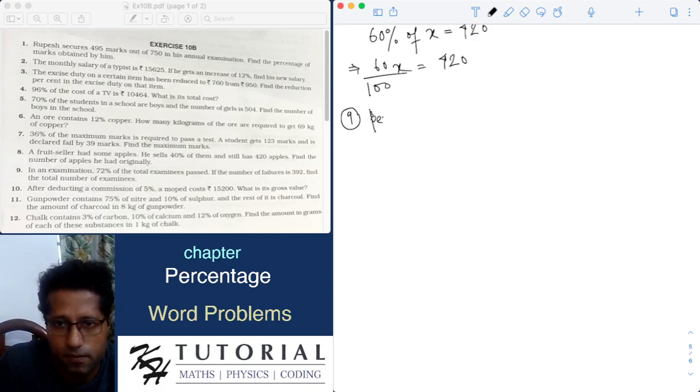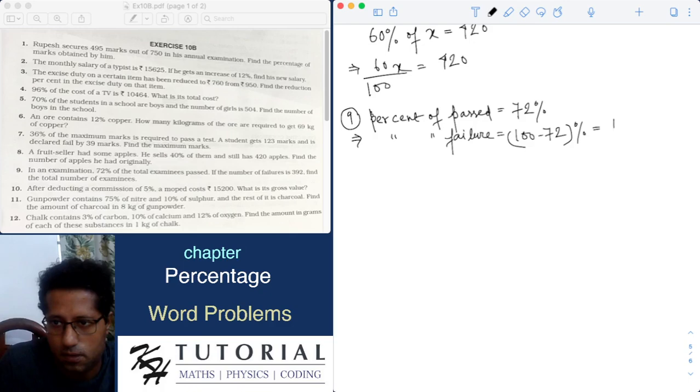It is given that the percent of passed is 72%. This implies that the percent of failure will definitely be 100 minus 72%.